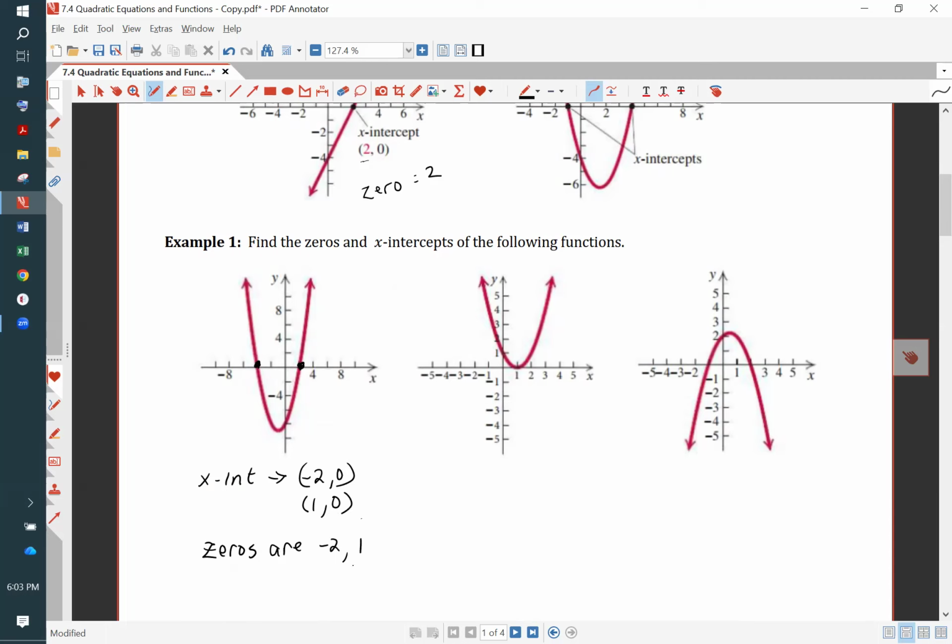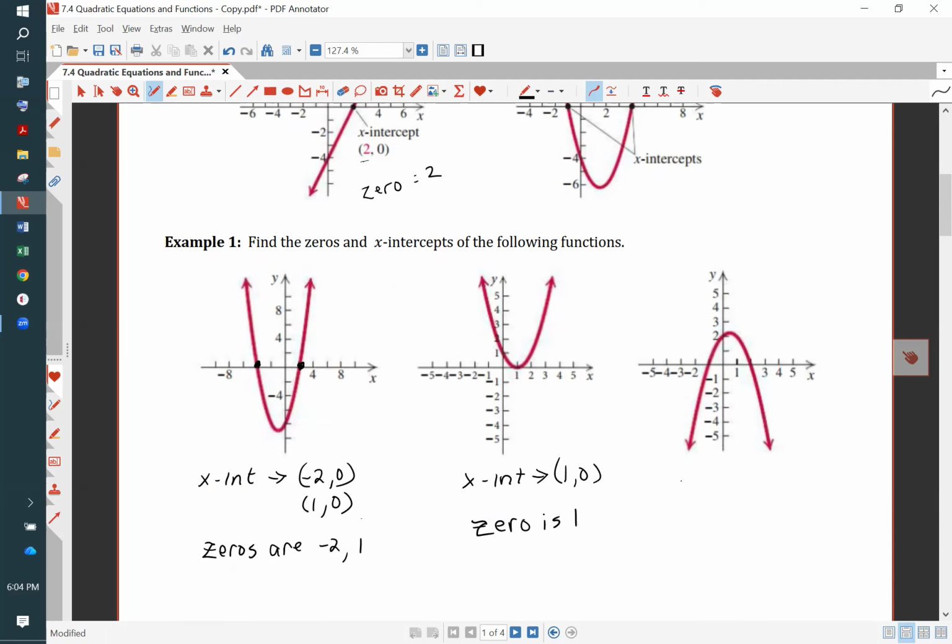Okay, I'm going to let y'all tell me the last one, but this one here in the middle just has (1, 0), and the x-intercept is (1, 0), and the 0 is 1.